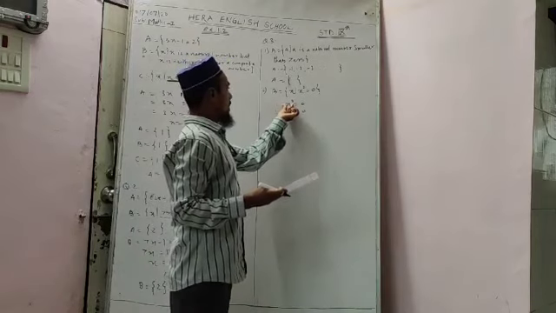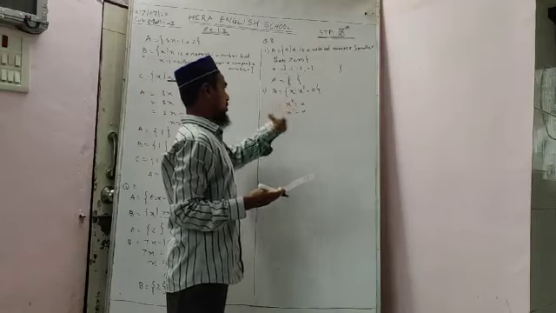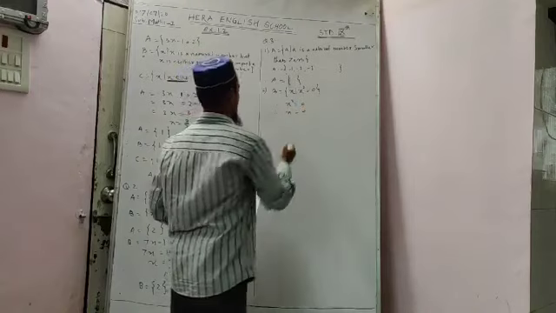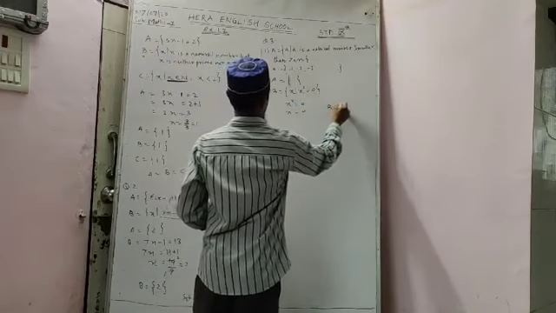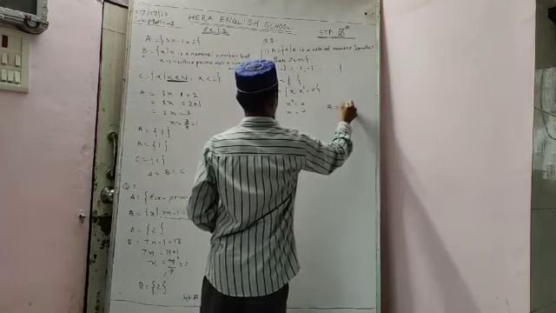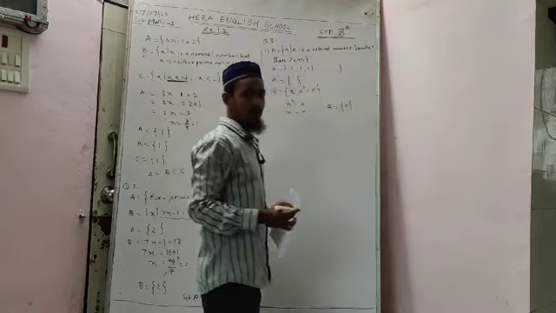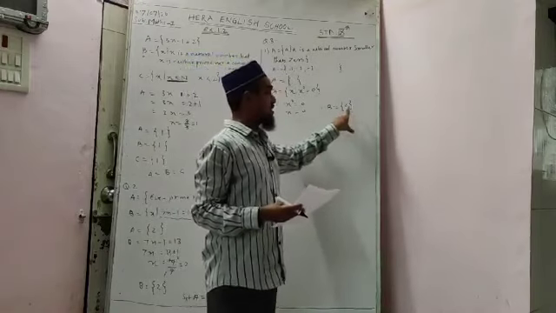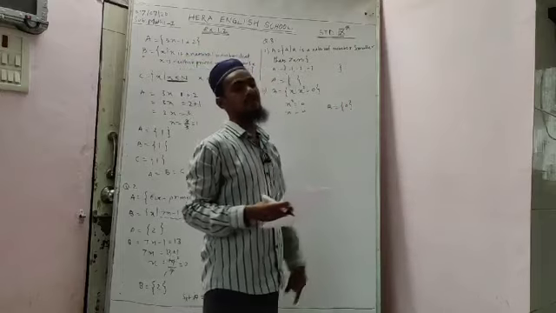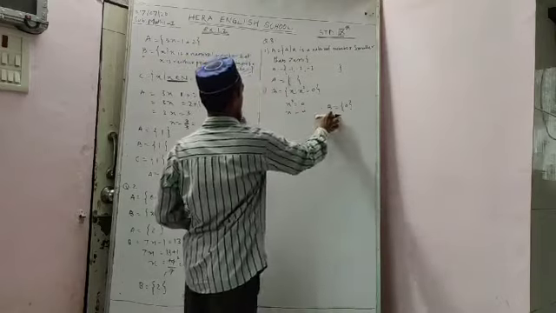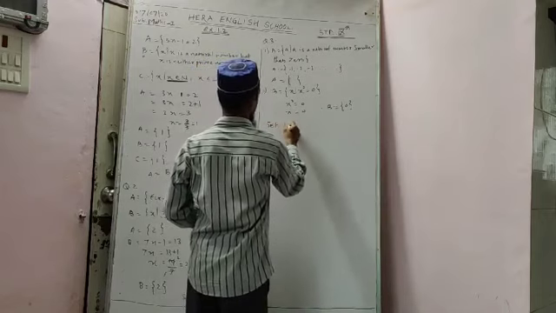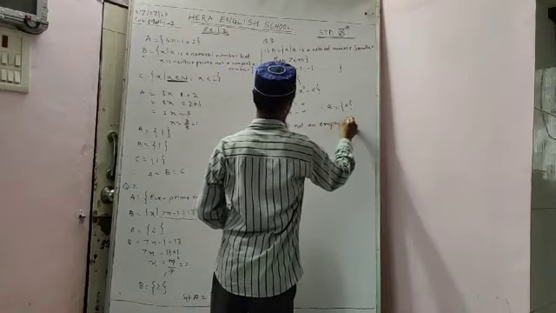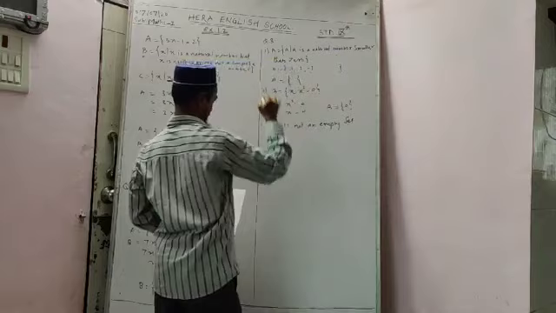Taking the square root of both sides, the square root of x square is x, and the square root of 0 is 0. So set B has one element, that is 0. Since we have a single element here, we cannot say set B is the empty set. So we write that set B is not an empty set. This is your answer.